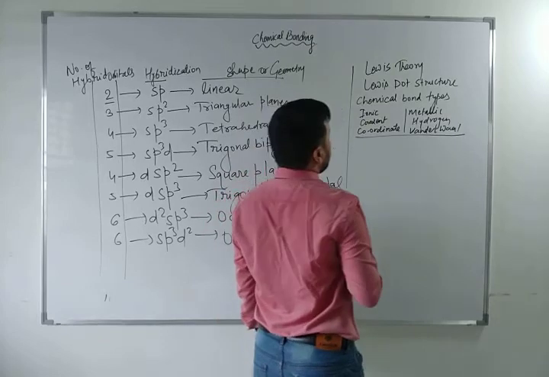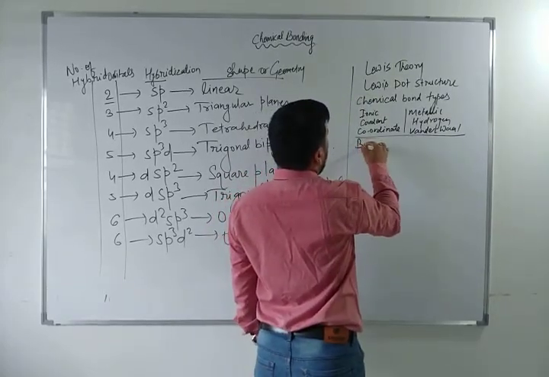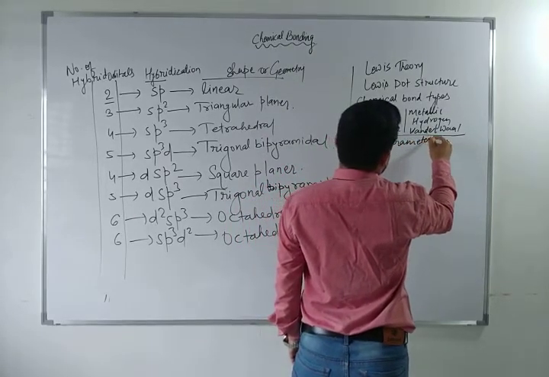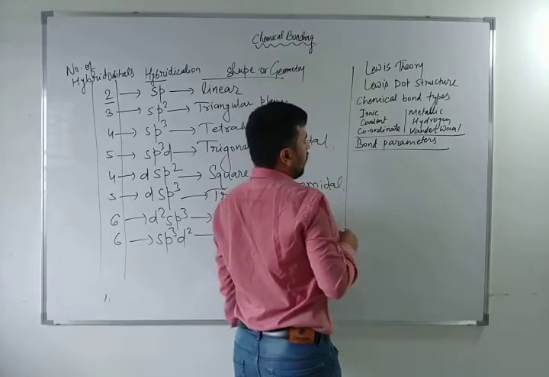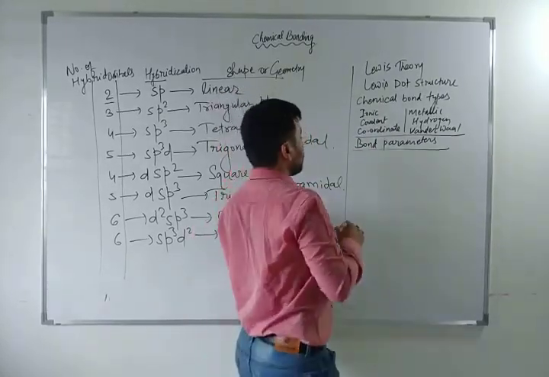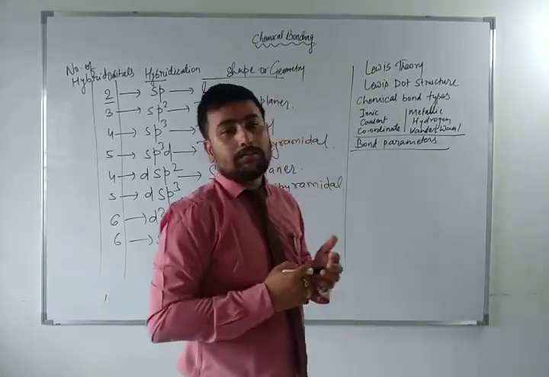After understanding the chemical bonds, we discussed bond parameters. What are the bond parameters? Can you tell me? All of you know about the bond parameters? Yes? Anyone can tell me what the bond parameters are?